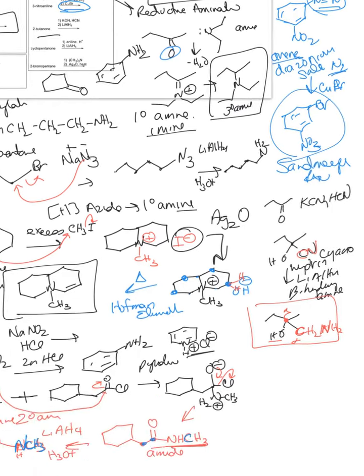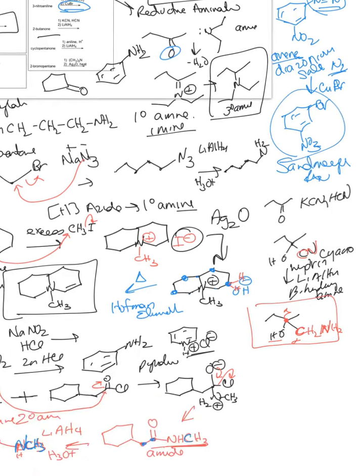And then that'll reduce a cyanide, a nitrile, to a primary amine. This reaction here, sodium nitrite and HCl once again, and then KI. And that will substitute your diazo salt for an iodide.